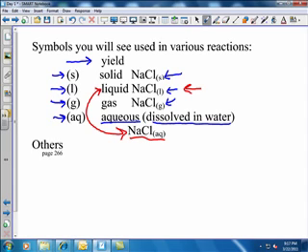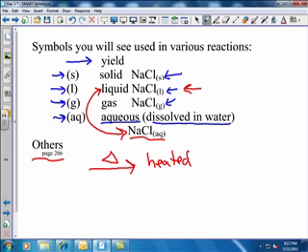Now, some other symbols that you may see are on page 266 of your book, so go ahead and go look at those. But I want to point out a couple. You will oftentimes see an arrow with a triangle above it. That means that those reactants are heated, so that means that heat is added to it.